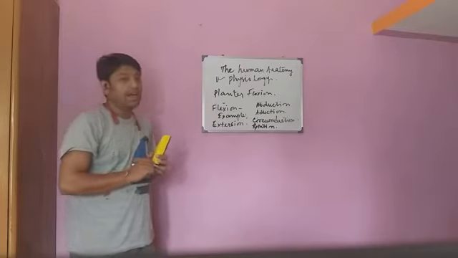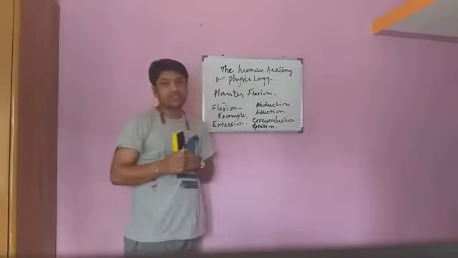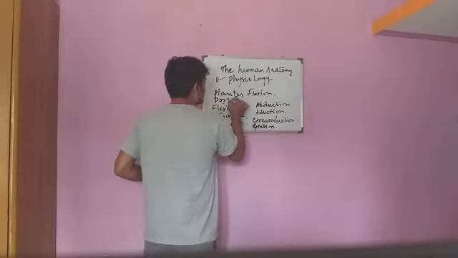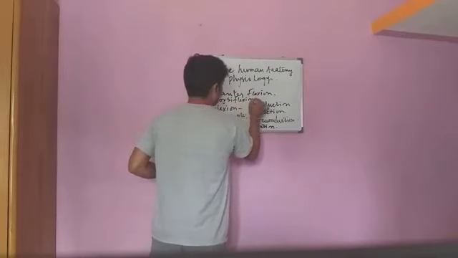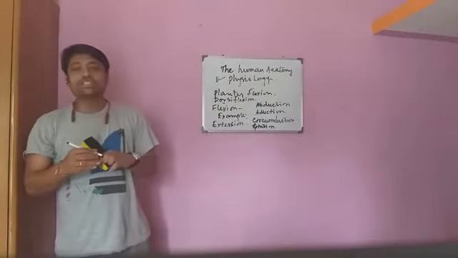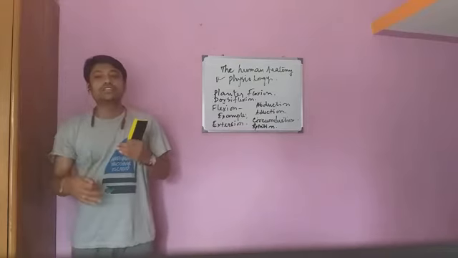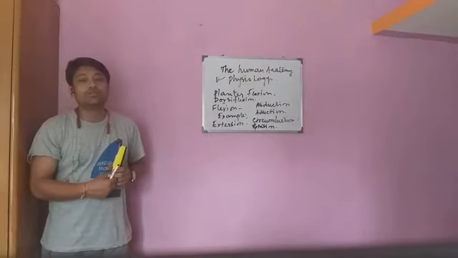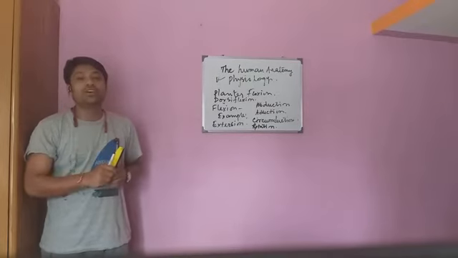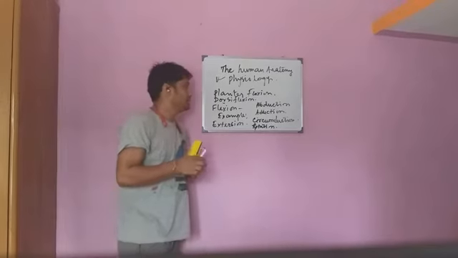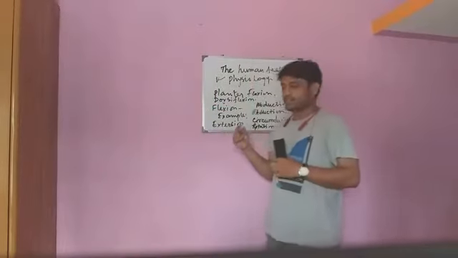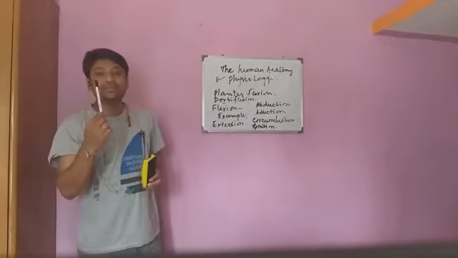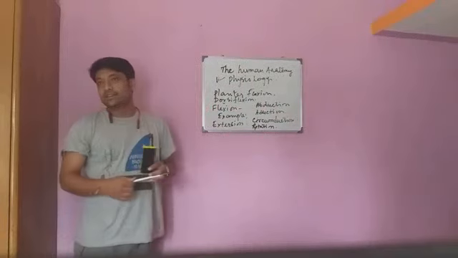And another one, dorsiflexion. Dorsiflexion means the foot moves towards the shin, as if you are pulling your toes up, and this movement only occurs at the ankle. Dorsiflexion, and plantar flexion, pointing the toes in ballet.